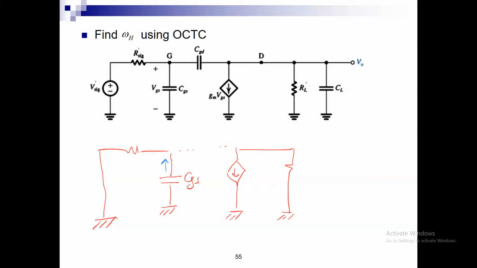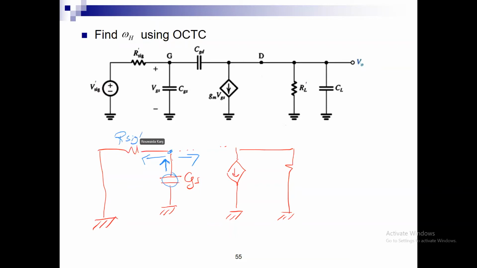If I replace it by a VX and IX, CGS is going to look into its IX and it will branch left and right. The right side is an open circuit, so there is nothing for it to see. This is why in this case we are only looking into the R sig prime side.